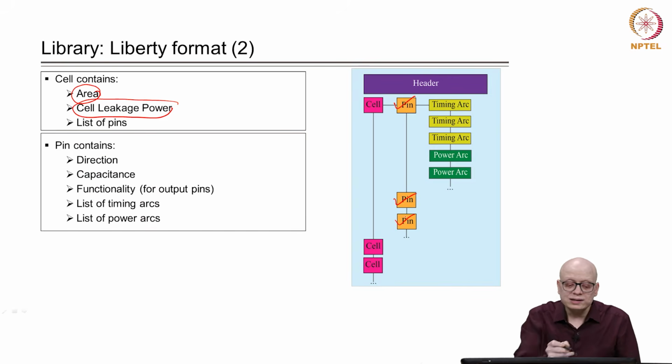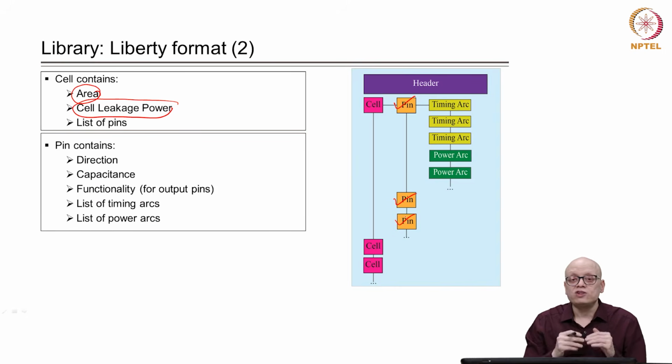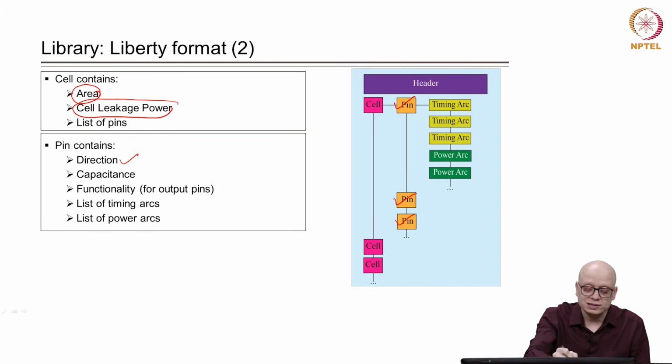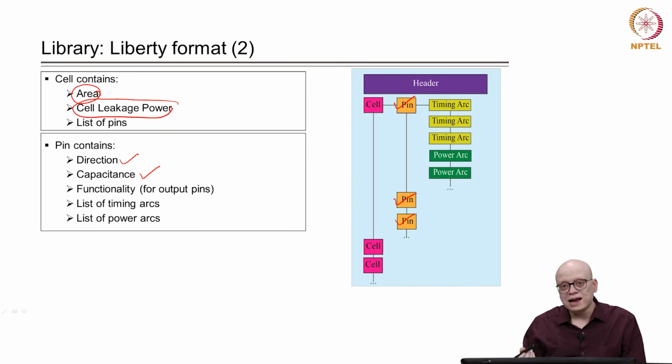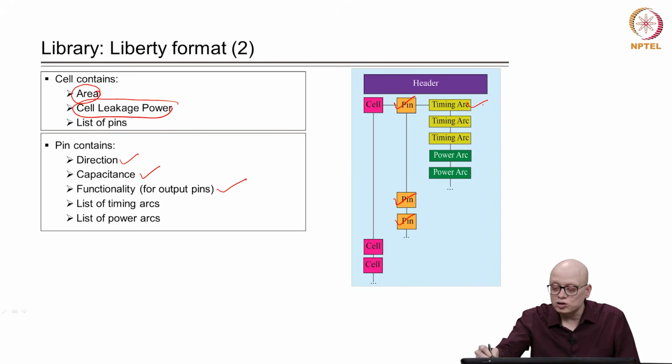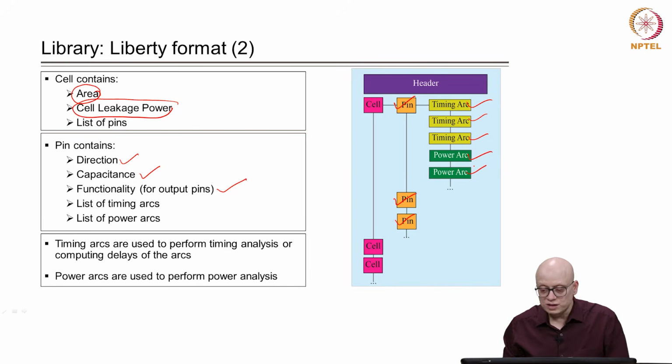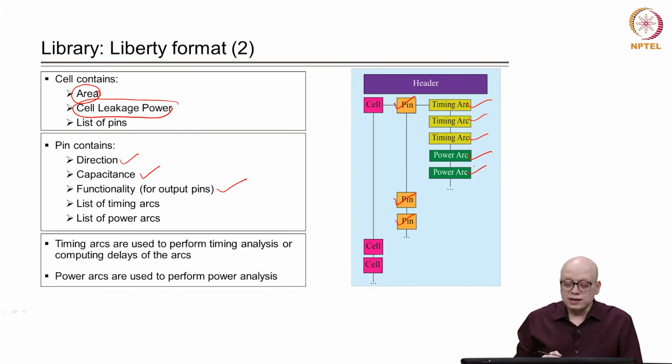A pin contains information relevant at the pin level, for example, its direction, its name, its capacitance, and its functionality, meaning whether it is an AND gate, OR gate and so on. Then it contains the list of timing arcs and also the list of power arcs. So, this is how the information is organized in a technology library.